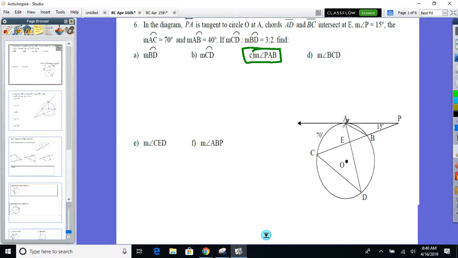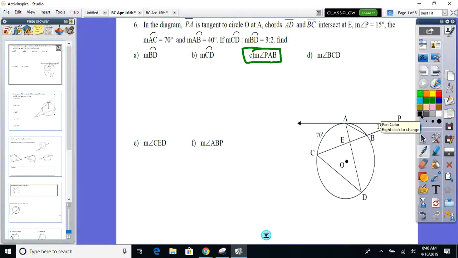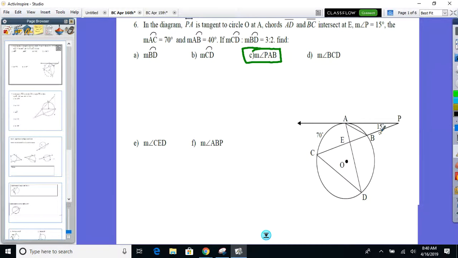6A, finding arc BD. All right, so I got to figure out what they gave me. That was 15. AC was 70. Arc AB was 40. And CD to BD was 3x to 2x. All right, I have information about every single arc up here, and they all add up to what? 360.